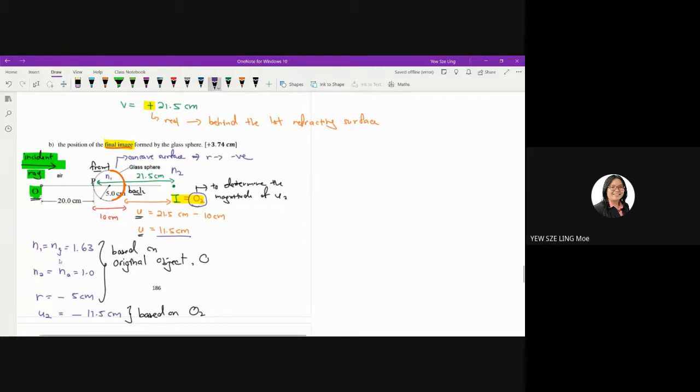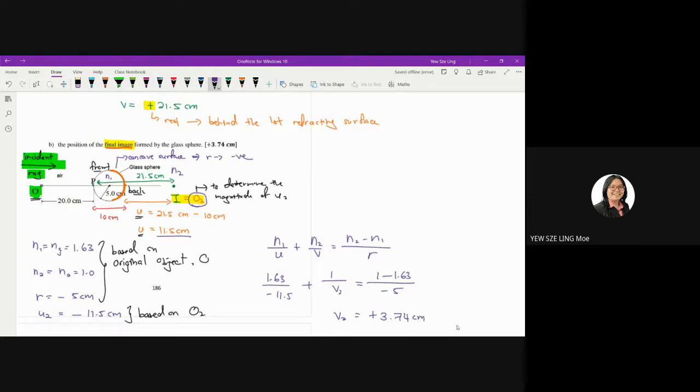So now that you have all of these values, you can then substitute them into the equation again. So N1 over U plus N2 over V equals to N2 minus N1 over R. N1, I have 1.63. U is equal to negative 11.5 plus N2 is 1 over V equals to 1 minus 1.63 over negative 5. So rearrange the equation, I then obtain my V2 equals to positive 3.74 cm.